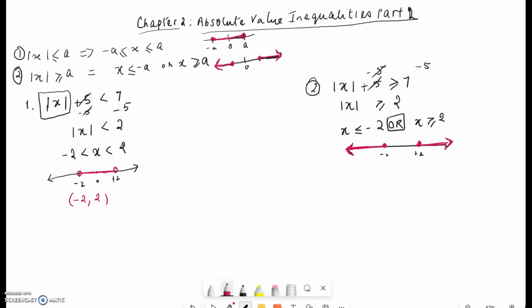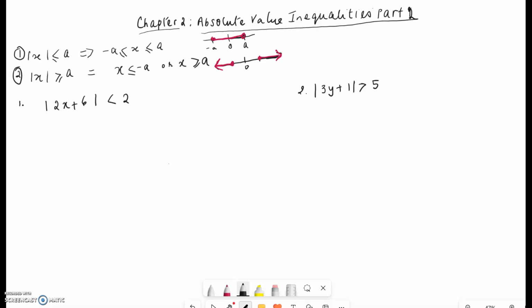So in the interval notation, it would be -infinity to -2, including -2, so that's a square bracket, union with the interval everything greater than or equal to 2. It's anything including 2 or greater than 2.